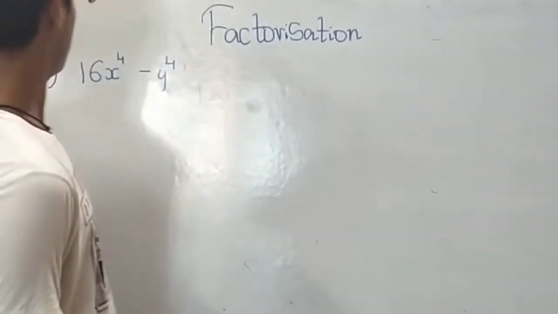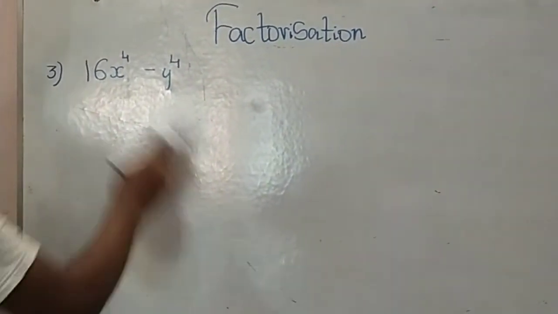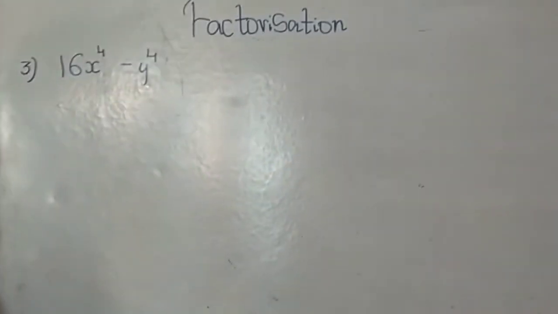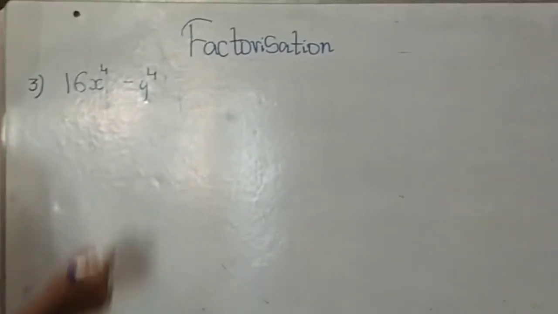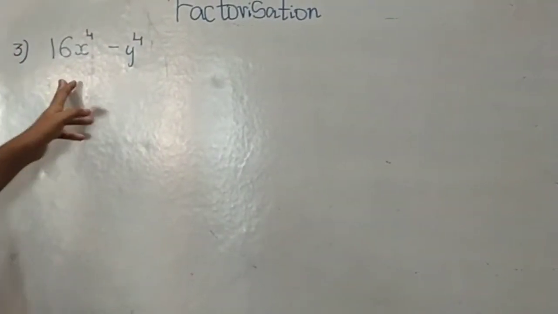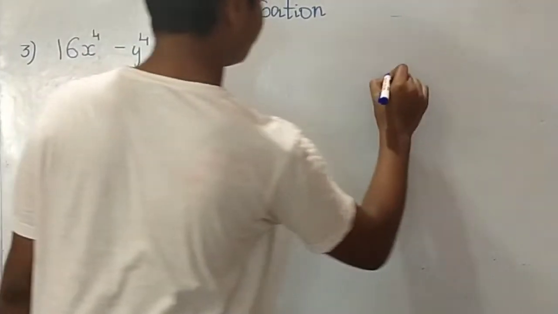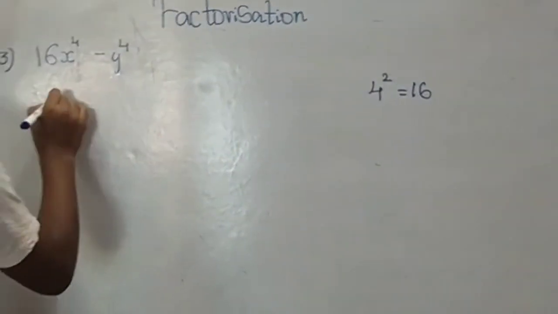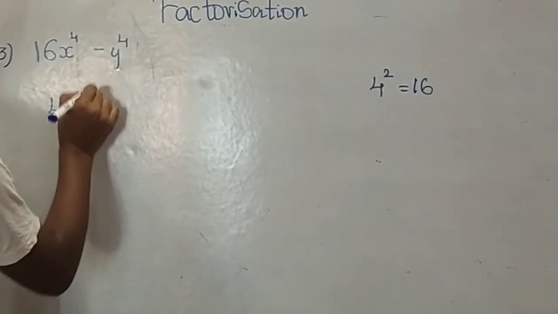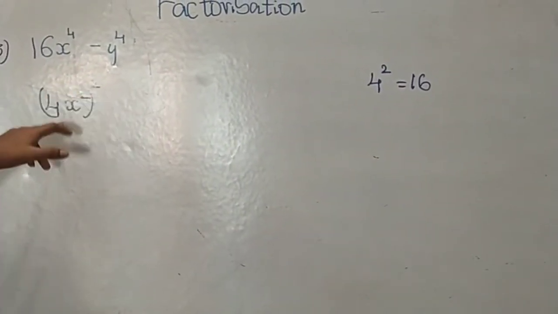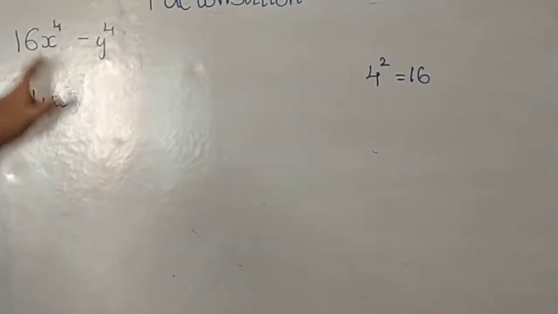Now the third question: 16 x power 4 minus y power 4. This type of problem we will see in so many in factorization. 16 is a perfect square, 4 square is 16, so (4x) whole square, because 4 square is 16 and x square into 2 is x power 4.